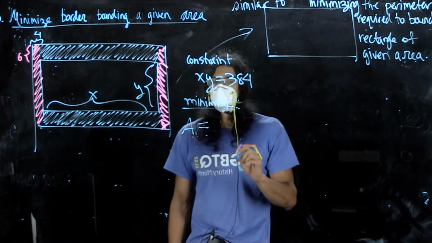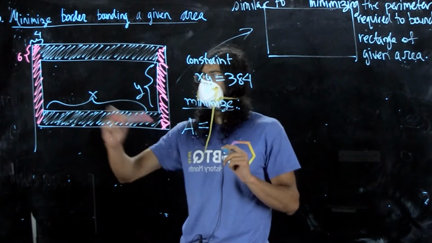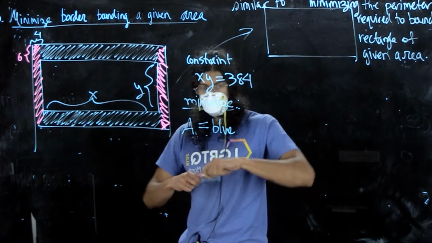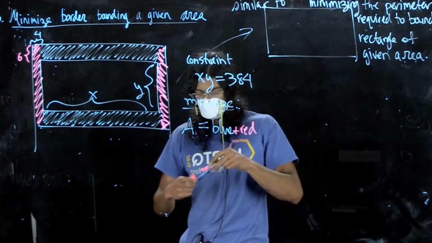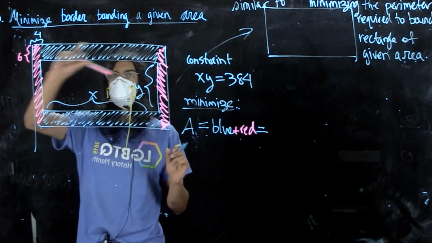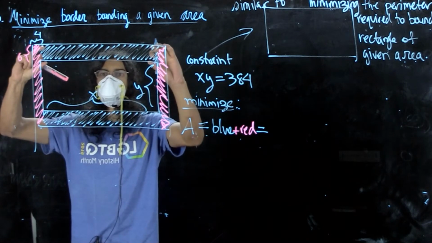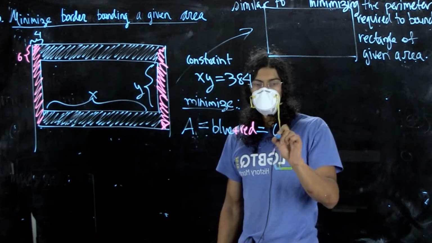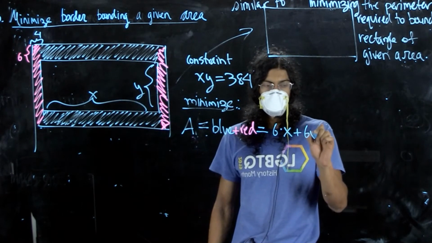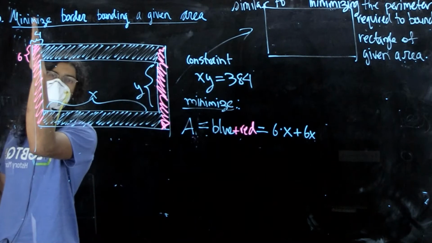This equals my blue part plus my red part. The blue part here is 6 times this length here, 6 times x, and of course that happens twice, top and bottom. And I have this whole side flank here and here.